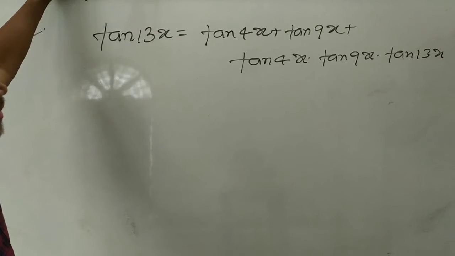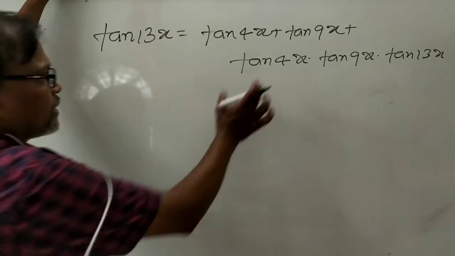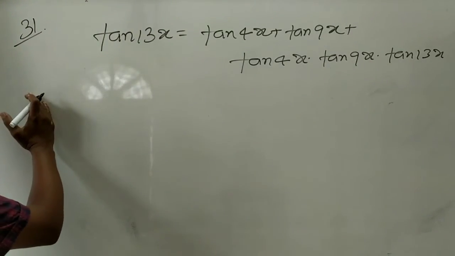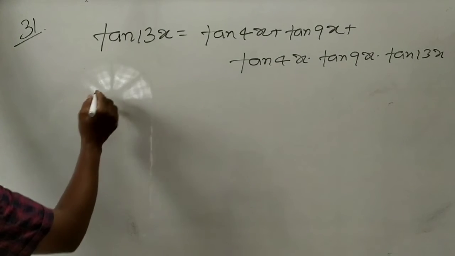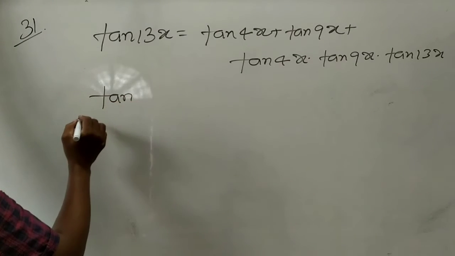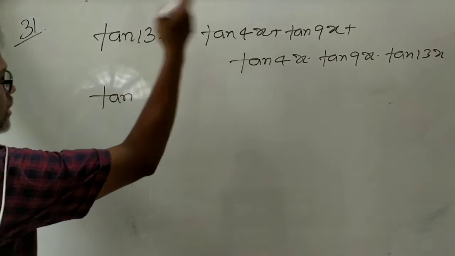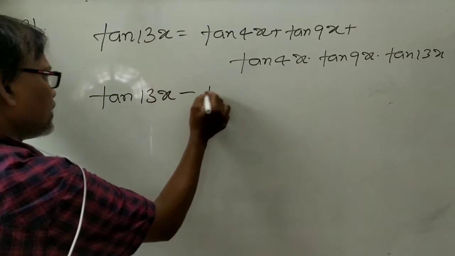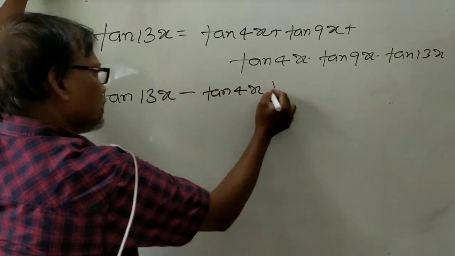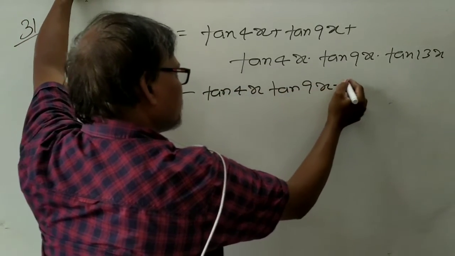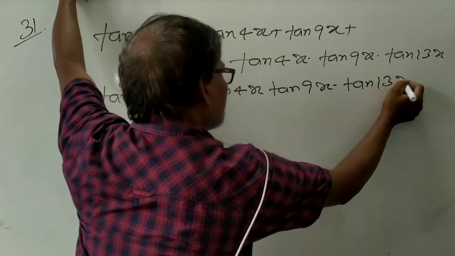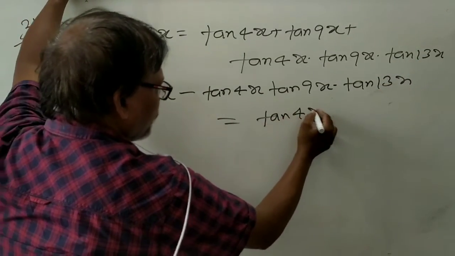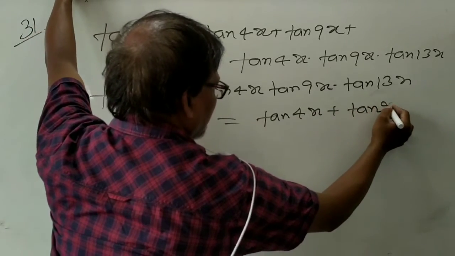If you take tan 4x, tan 9x, tan 13x on this side, or take this one to the other side, it doesn't matter, it will work. So tan 13x minus tan 4x tan 9x tan 13x, this part you take on the left hand side, is equal to tan 4x plus tan 9x.